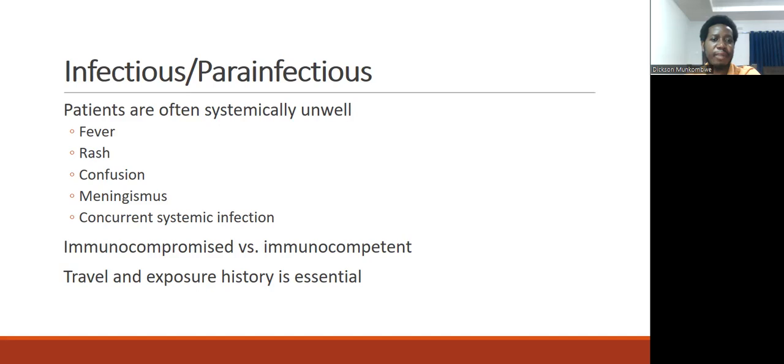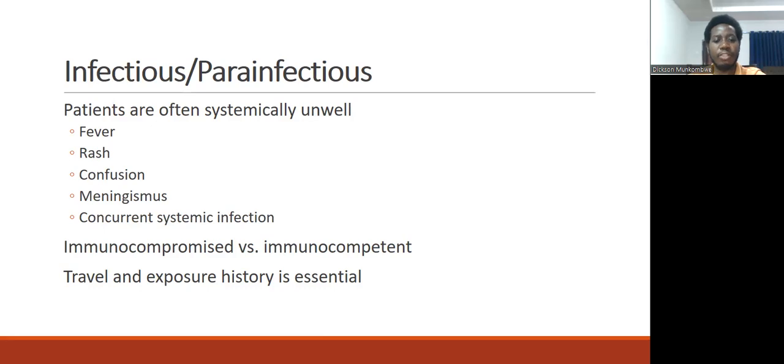So on the infectious or parainfectious, the patient is often systemically unwell. You have a history of a chronically ill patient, could even be acute, but there'll be systemic unwellness with fever. There could be a rash, confusion, meningismus, or concurrent systemic infection. And then it is often important to get the immune status of the patient.